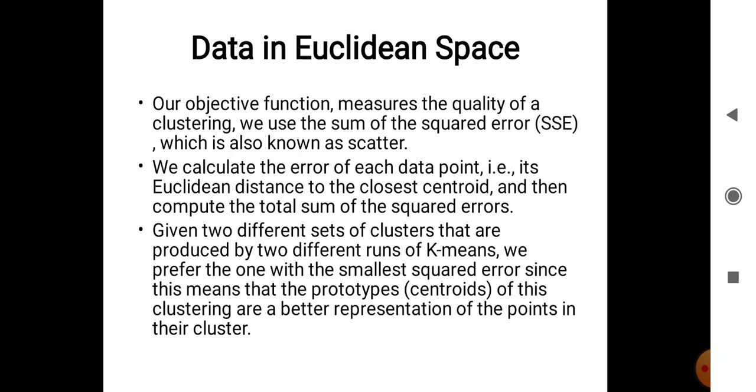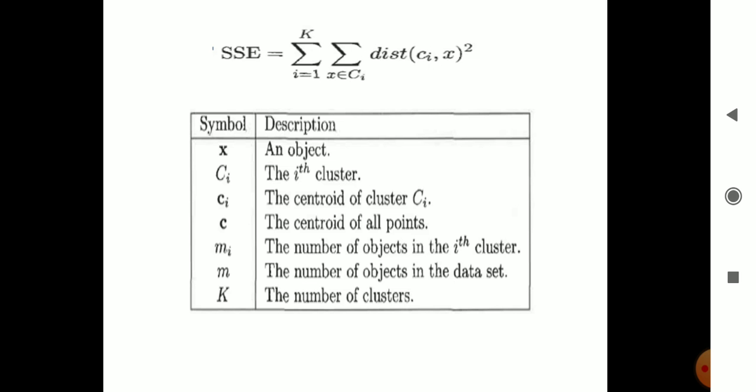Using this, the formula for SSE can be represented as SSE is equal to summation i equal to 1 to K, summation x belongs to Ci, distance of ci comma x whole squared.